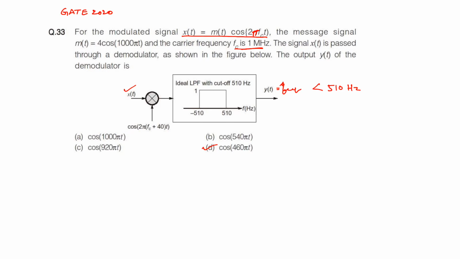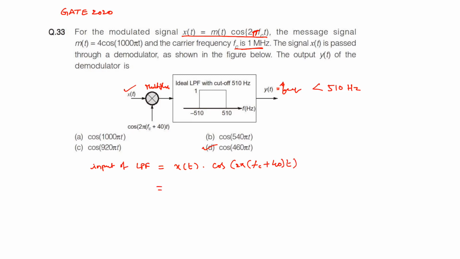This symbol is a multiplier. What this multiplier is doing: the input of the low pass filter will be x of t multiplied by cos 2 pi (fc plus 40) t.